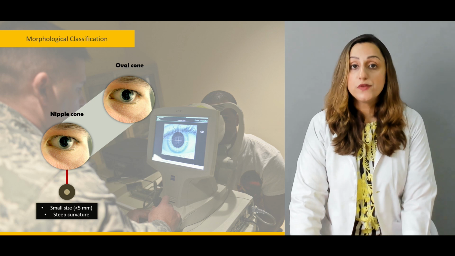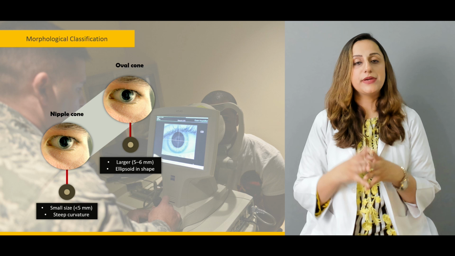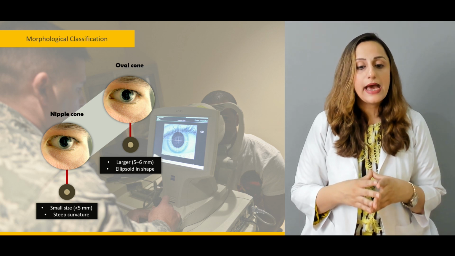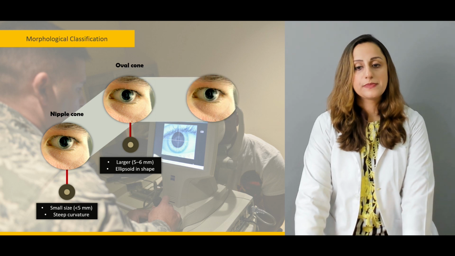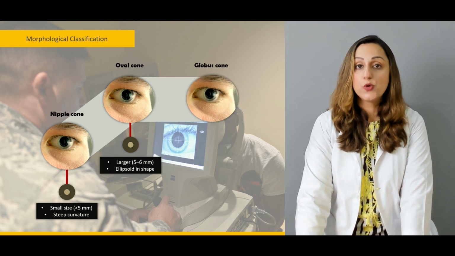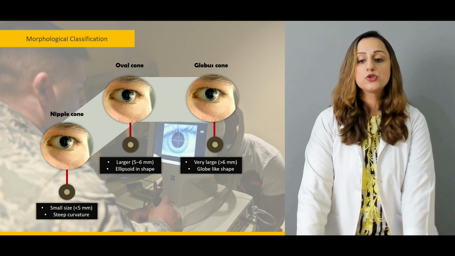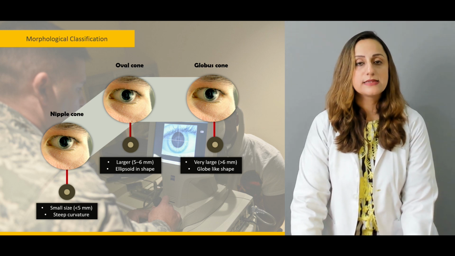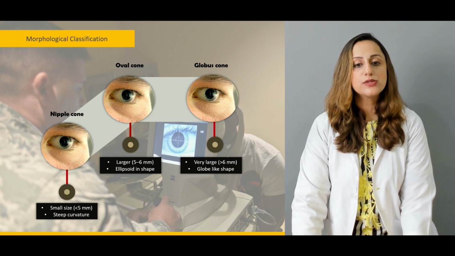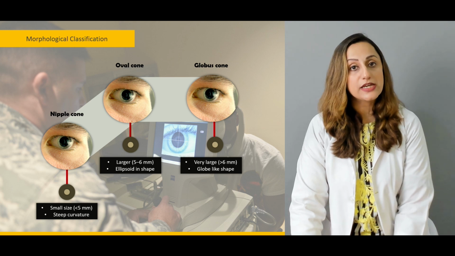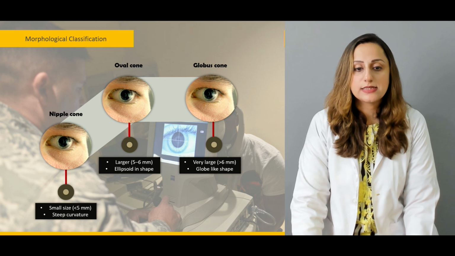Then we have an oval cone keratoconus. In these cases, it's larger as compared to the nipple cone variety, and quite ellipsoid in shape. And then finally, we have a globus cone also seen. It's quite large, almost more than 6 millimeters, and almost globe-like in shape. So this is a clinical classification, also termed a morphological classification in these individuals.